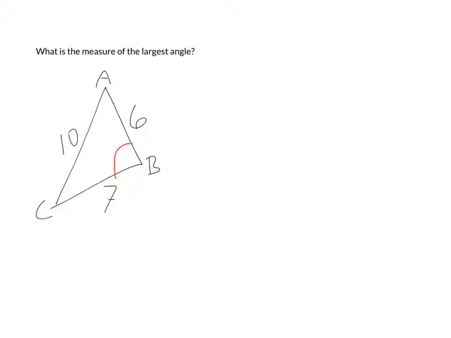Well, my law of cosines is, and I'll just write any one of them, a squared equals b squared plus c squared minus 2 times b times c times the cosine of A. That's my law of cosines formula. The side across from the angle is the one that's all on its own.